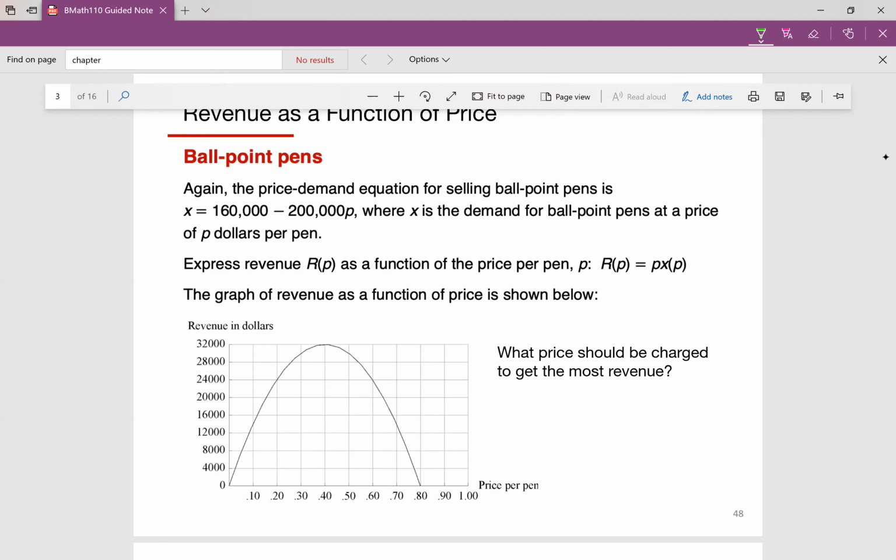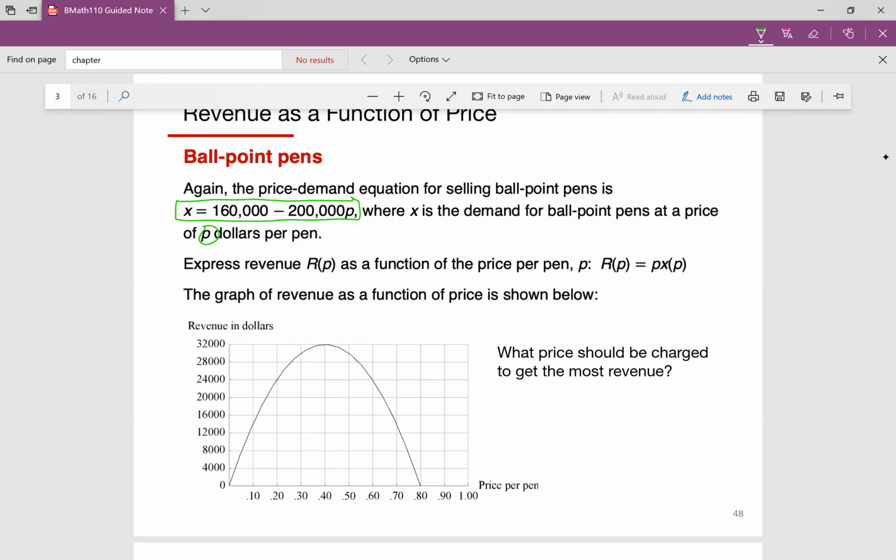So still with the same example, I have the price demand equation for this problem, selling ballpoint pens, this equation. Remember that X is the demand for ballpoint pens at a price, which is P. P is price.